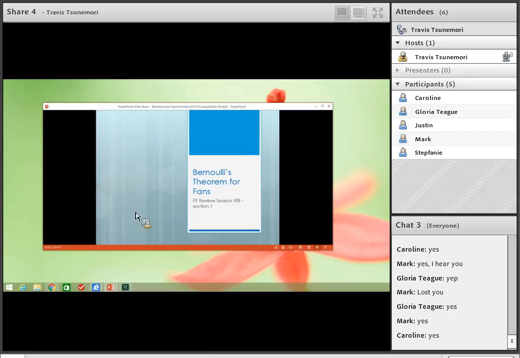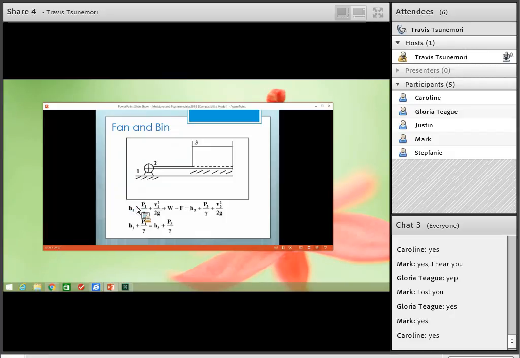So let's remember what we were working on last week with Bernoulli's theorem, except this time we're going to look at it for fans. So I have a very crude schematic here of a fan and a bin. Between 1 and 2 is the fan, and then there's a pipe between the fan and the bin. This is not to scale.